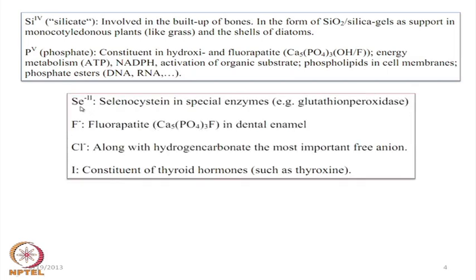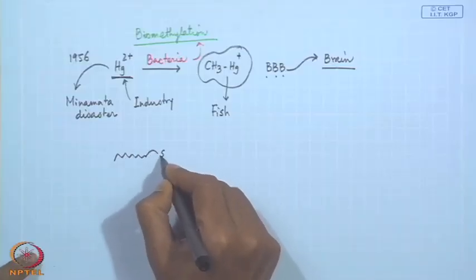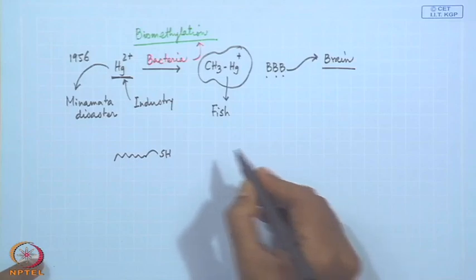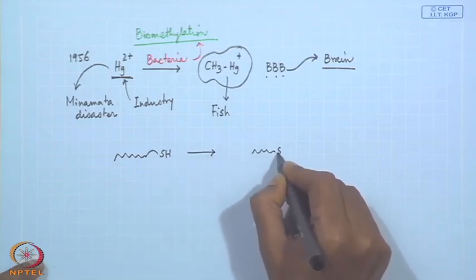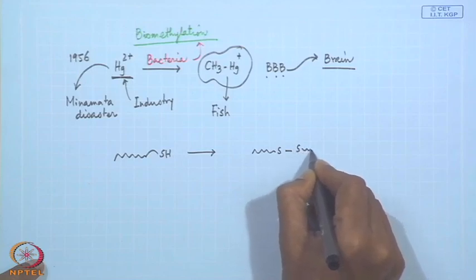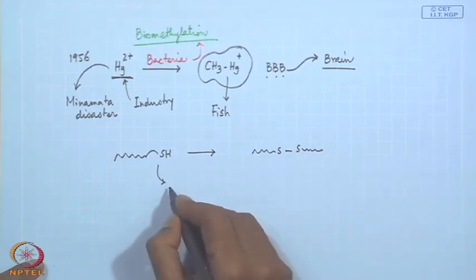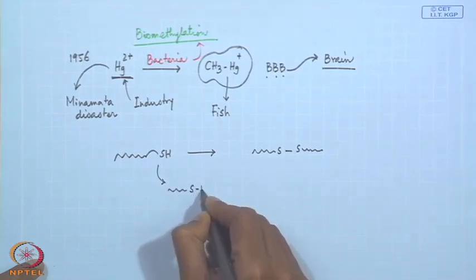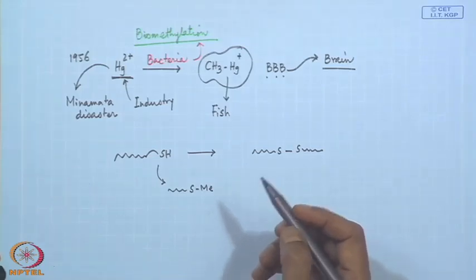Then selenium, like that in our cysteine molecule, because cysteine, we know, is a typical amino acid. It is a very important amino acid bearing an SH group which plays an important role, where the S can be oxidized to an S-S linkage, or it can go for methylation, an S-methyl unit, as in the amino acid methionine.